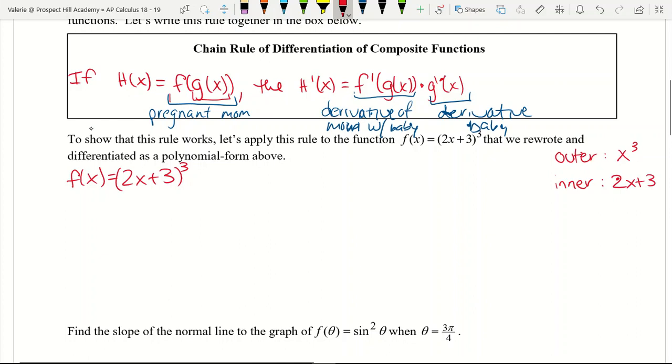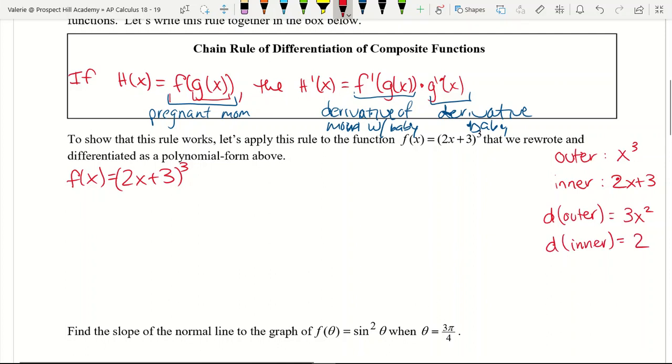So the derivative of the outer is equal to 3x squared, and the derivative of the inner is equal to just 2.